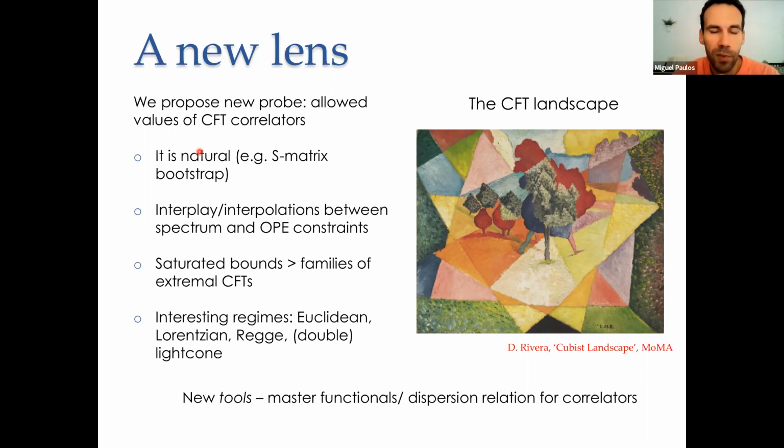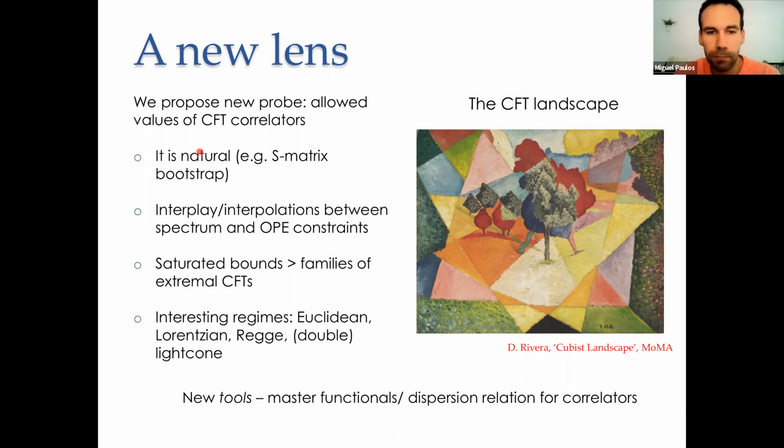This probe is nice because, as we'll see, it presents an interplay or an interpolation between constraints on the spectrum and the OPE. It naturally leads to families of extremal CFTs, CFTs that saturate bounds, simply because you can ask for minimal and maximal values at different points.